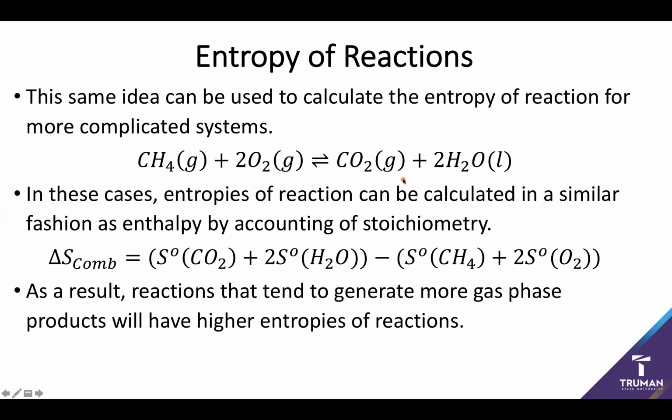On the product side, I've got CO2 and liquid water. Well, we know the entropies of liquids tend to be much lower. So in general, we would expect this process to actually have a decrease in entropy. So the entropy of this process would be negative, and that actually turns out to be the case. It may seem weird, but when you're burning methane, you actually tend to order the universe a little bit more.